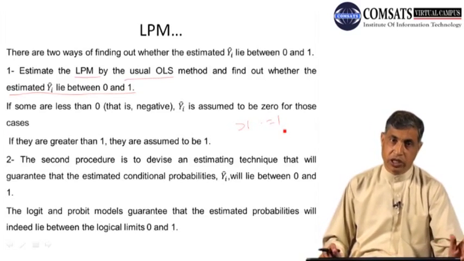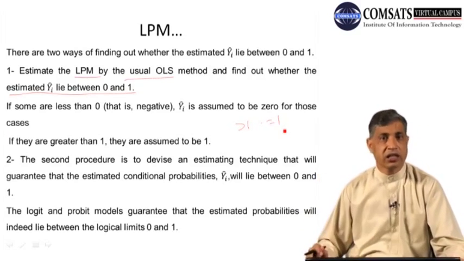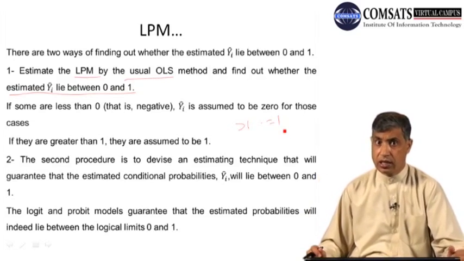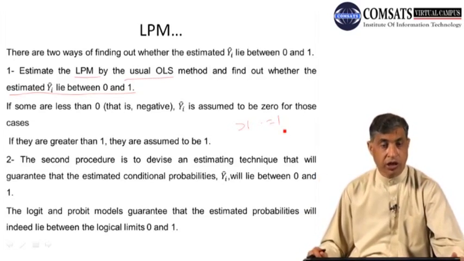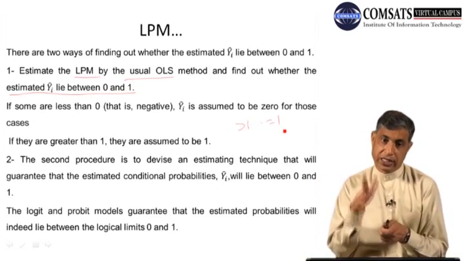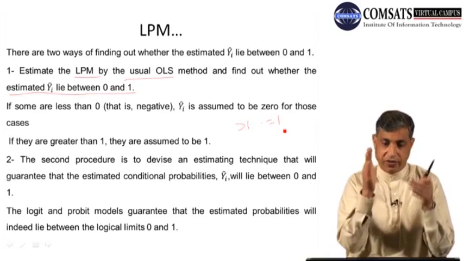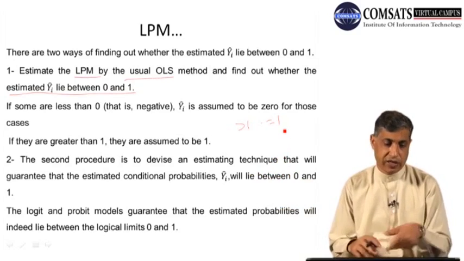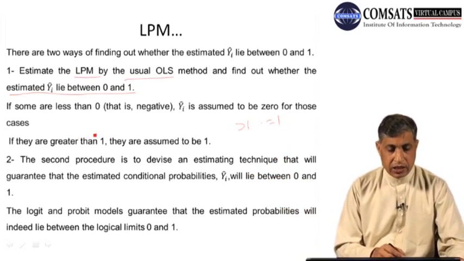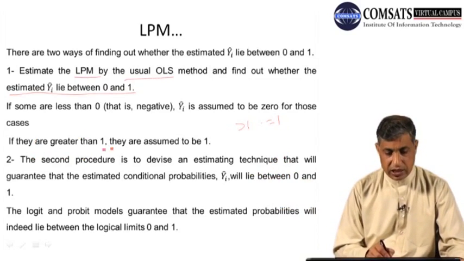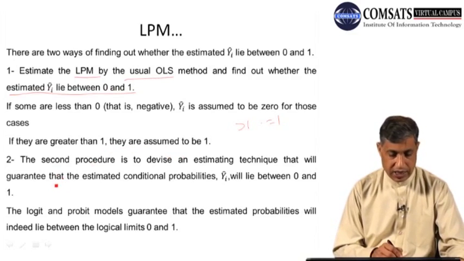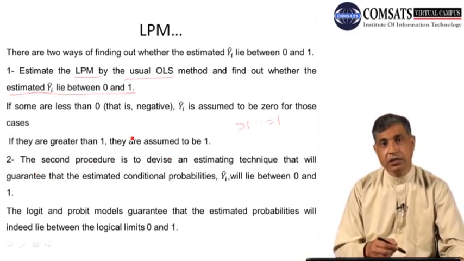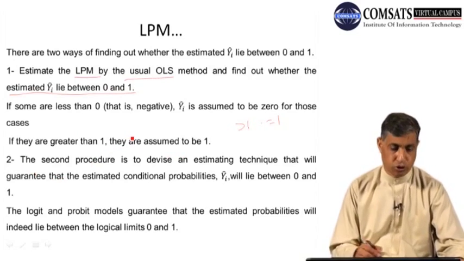Because probability cannot cross 1, it may cross in estimation, but we do the cutting at this edge: if it is outside, we bring it back and say it is equal to 1. If they are less than 0, they are assumed to be 0.